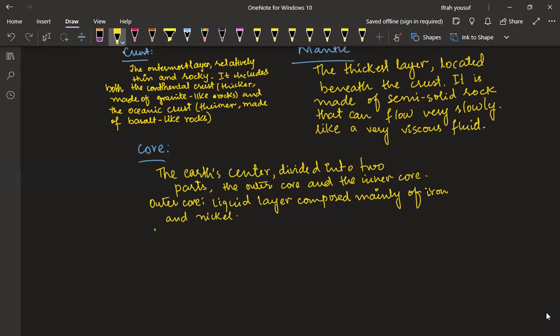Inner core, a solid sphere of iron and nickel, kept solid by immense pressure.